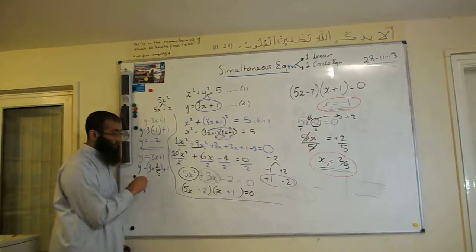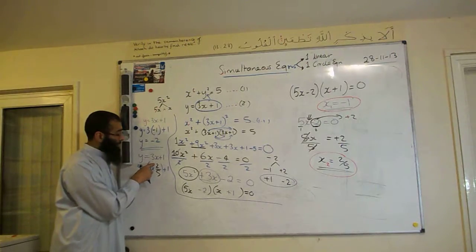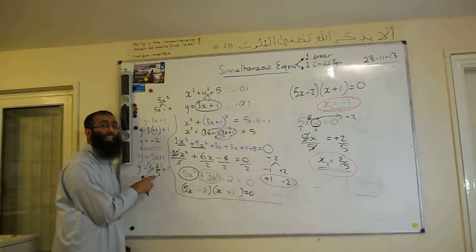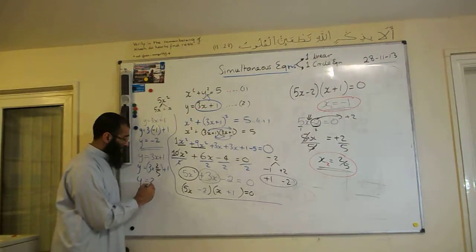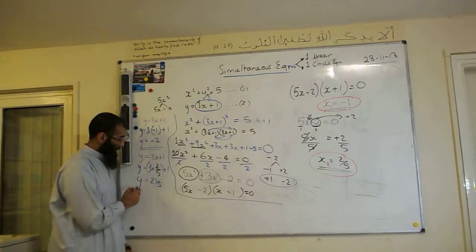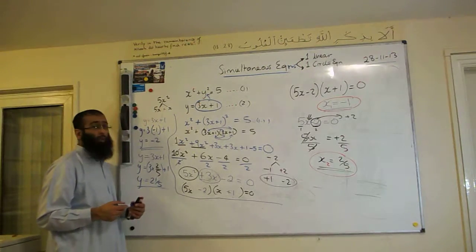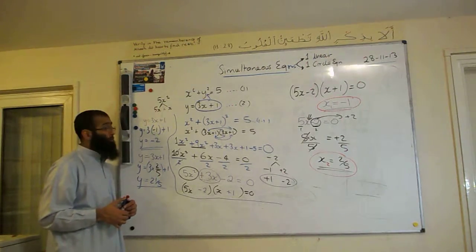Well, 3 times by 2 is 6. 6/5 is 1 and 1/5. Add 1 will give us 2 and 1/5. Okay, so we have now worked out the two corresponding y values.